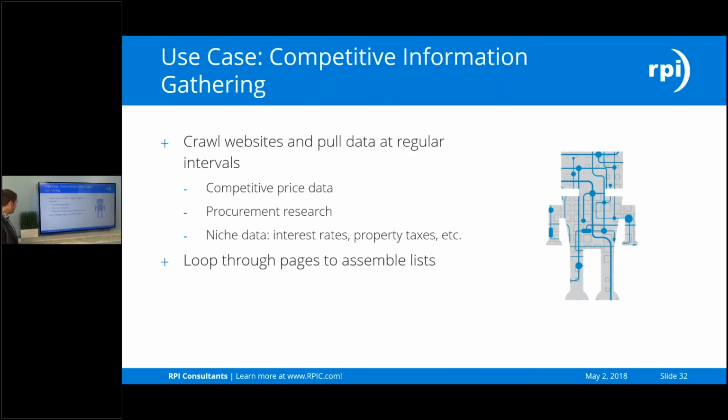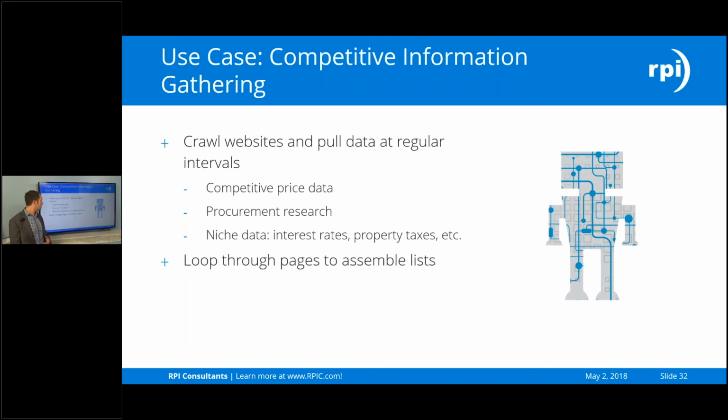This is a common one that I think a lot of us can wrap our heads around, because we have several times interacted with websites where we say, I wish I could see what the price is of this item across a whole variety of websites.